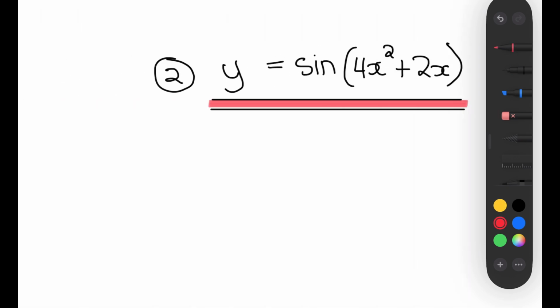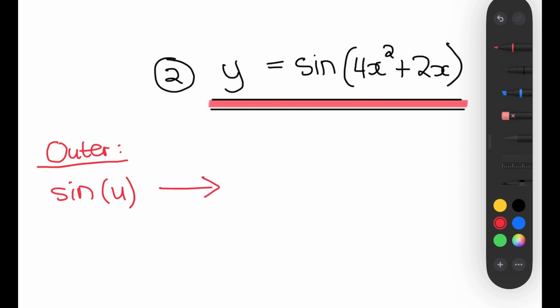Now let's make it a bit more interesting. Now let's say y is equal to sine of 4x squared plus 2x. And using the same methodical approach, we lay out our outer function. In this case, our outer function is just sine of something, right? And when we differentiate that, we're going to get cos of something, right?